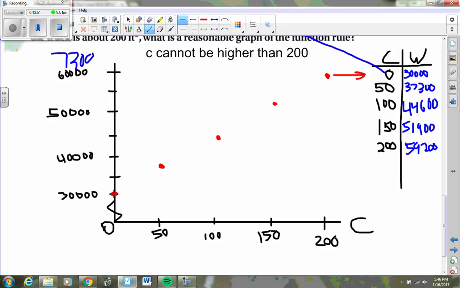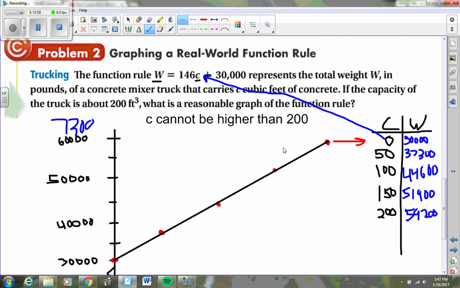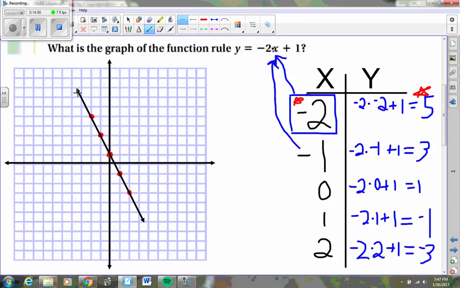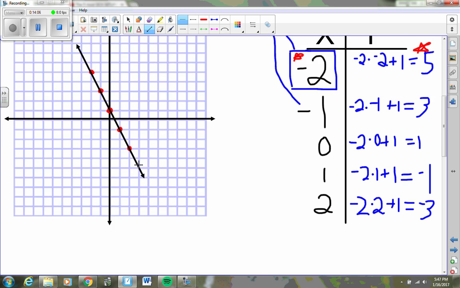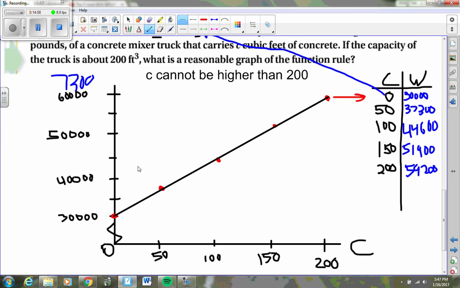However, this line is going to be slightly different because in the last problem, I was able to put arrows on the end of my line, right? Put arrows on the end because there was no context there. They just said graph this function rule, so I can put in whatever x I want. Here, I'm not allowed to keep going forever, right? Because as we talked about, I can't go negative with my x values, or my c values in this case.